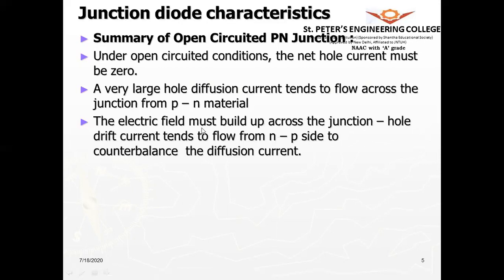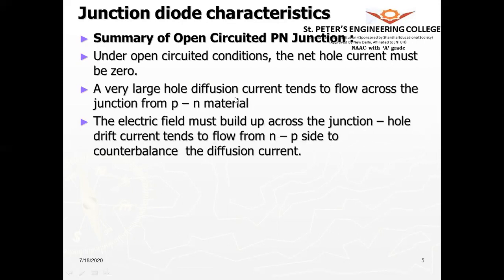The electric field must build up across the junction. The hole drift current tends to flow from the N to P side to counterbalance the diffusion current.